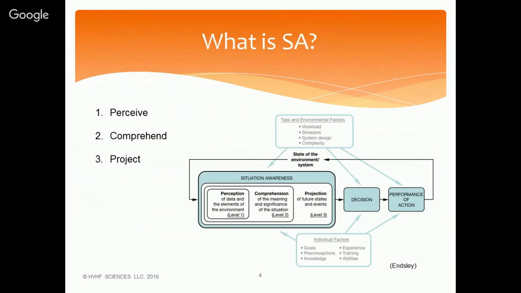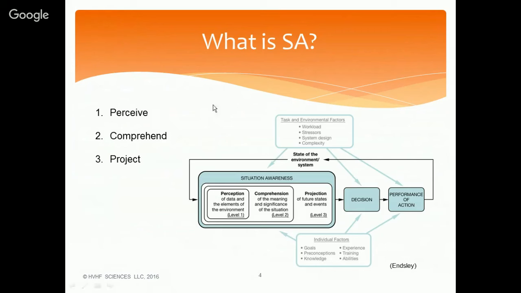So both the individual factors, the human factors, and the task and environmental factors have an impact on how situational awareness is acquired. And once situational awareness is acquired, the next steps involve making the decision so that the goal on hand is accomplished, or at least the subtasks or sub goals towards the larger goal, like rescuing someone or putting out a fire, or shoring up a collapsed structure, and then performing the action.